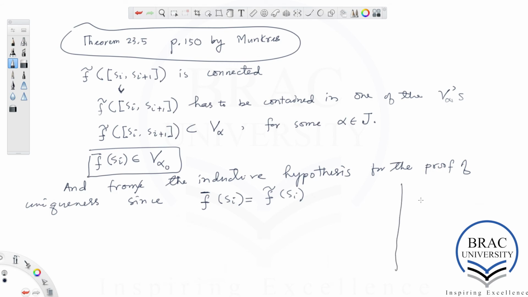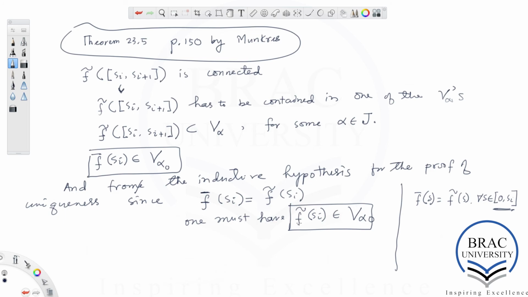So let me recall the inductive hypothesis. We chose that F bar of s is equal to F tilde of s for all s in [0, s_i]. This was the base case. And since s_i is included in this closed interval, we must have F bar of s_i equal to F tilde of s_i, so F tilde of s_i is in this slice V sub alpha 0.